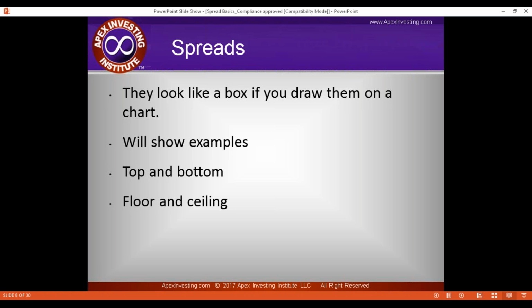Forget 0 and 100. Don't think of floor and ceiling as 0 and 100. Just wipe your slate clean from binaries and what you think you know. Spreads are a completely separate product. They work completely differently. So that's the first best tip I can tell you. If you want to understand spreads, forget binaries, because they don't work the same at all.